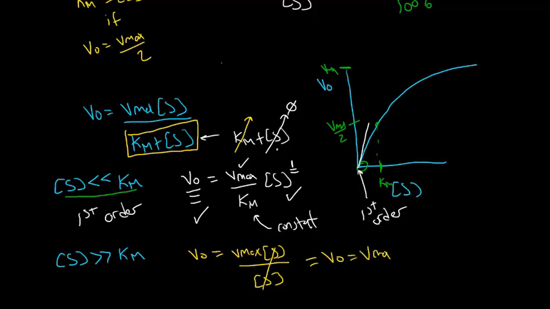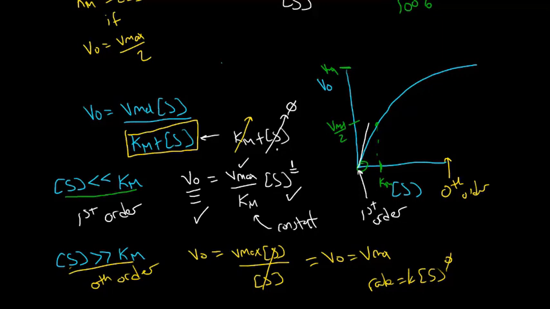So the rate is not dependent on the concentration of substrate at all. This looks like rate equals K times the concentration of substrate to the 0th power. So it's a 0th order reaction. When we're way out here, this is 0th order. The rate of the reaction is independent of concentration. It's only dependent on the rate constant, or in this case, Vmax.